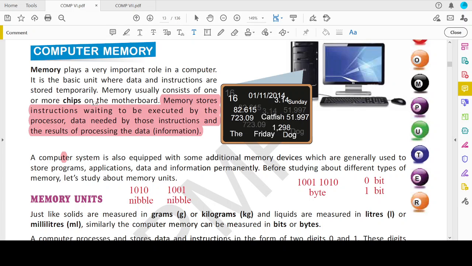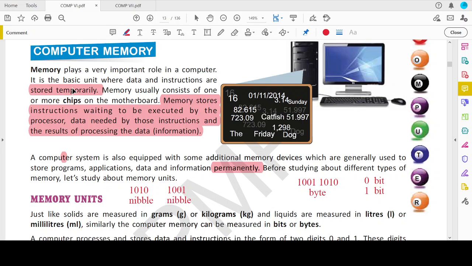So they have both kinds of memory: memory for temporary storage, and memory for permanent storage, equipped with additional memory devices that are used for storing programs, applications, data, and information permanently.